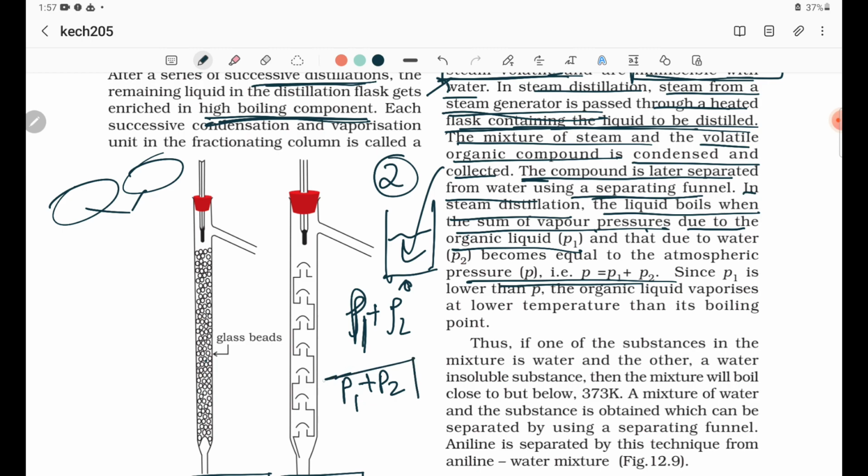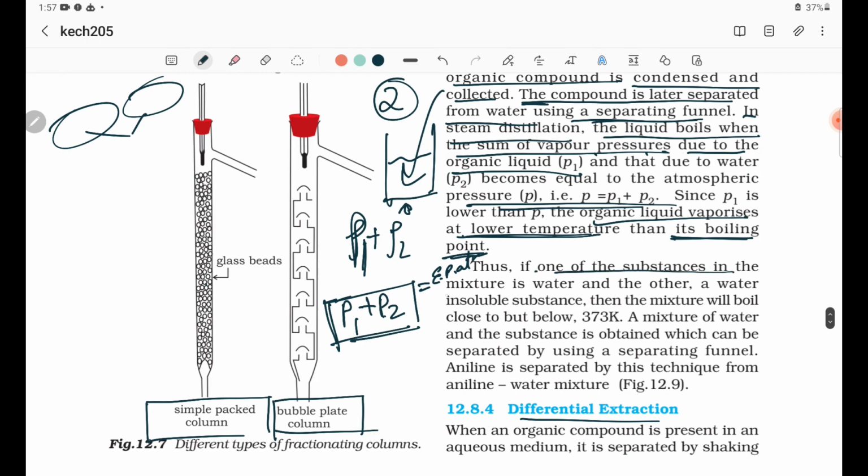So when P1 plus P2 becomes equal to the atmospheric or external pressure, the liquid will vaporize at a lower temperature than its boiling point. Thus, if one substance in the mixture is water and the other a water insoluble substance, then the mixture will boil close to but below 373 Kelvin. The mixture of water and the compound is obtained, which can be separated using a separating funnel.